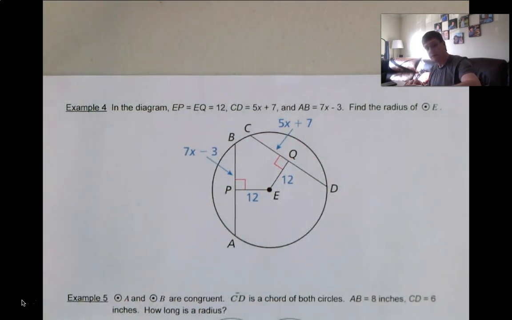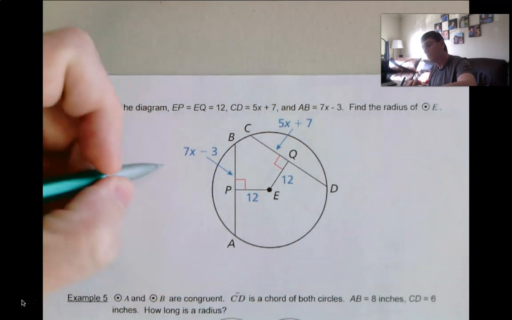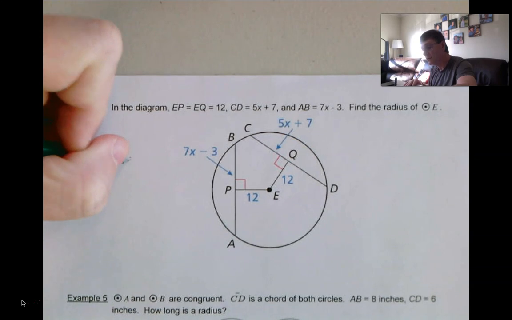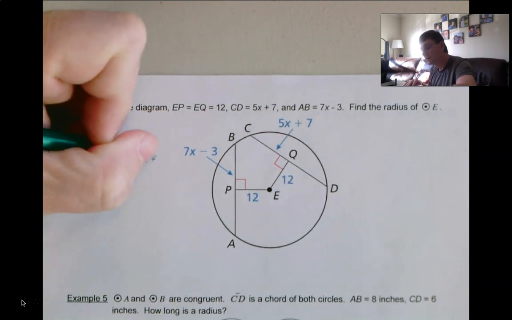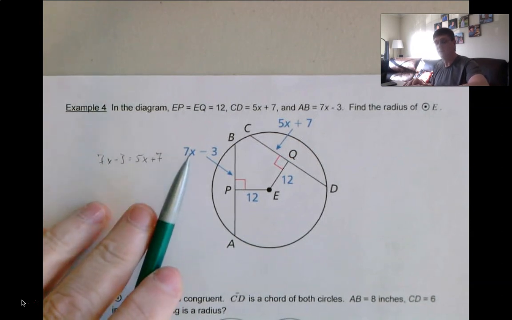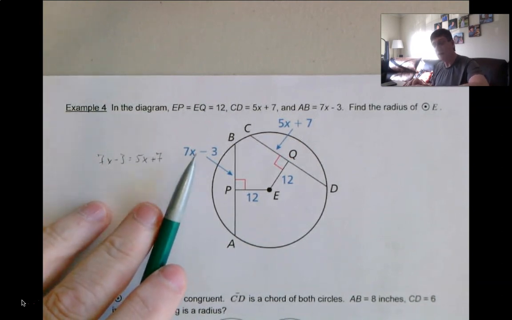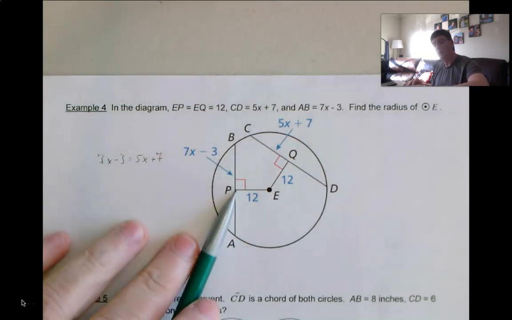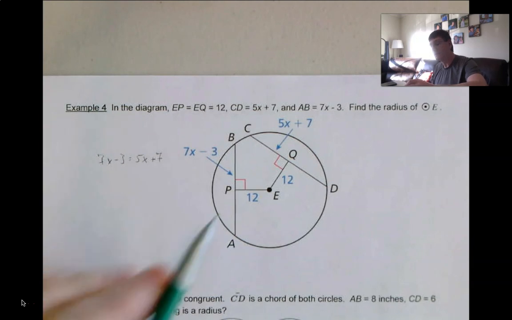Because they're congruent, we can write the equation 7x minus 3 equals 5x plus 7. Why do we need this? Well, this is going to get us the value of x. Once I get the value of x, I'll be able to know how long AB is, which will tell me how long PB is, half of it.